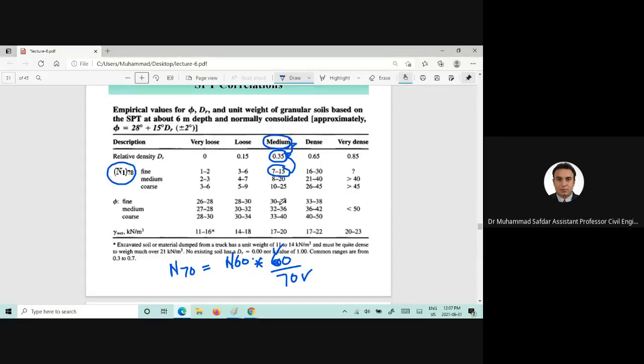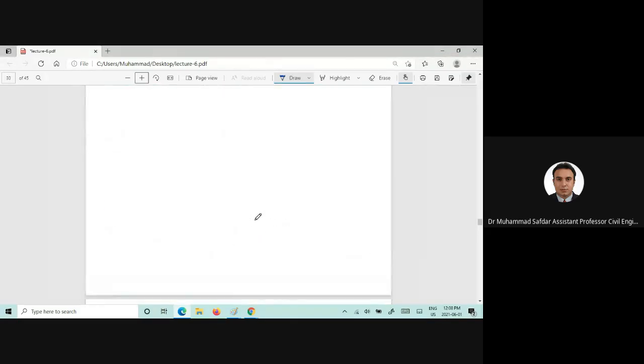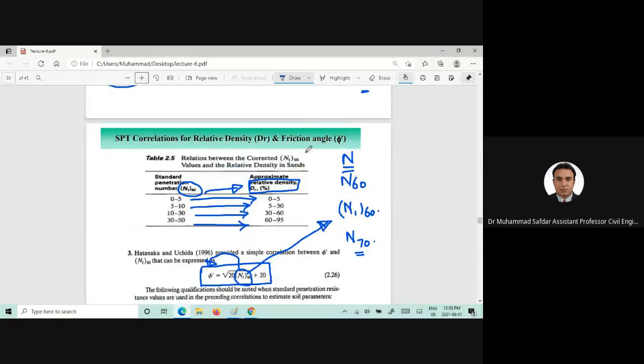The friction angle of this medium dense sand will lie somewhere between 32 and 36, and the unit weight would lie between 17 to 20 kilonewton per cubic meter. So that's how you can use different types of N values depending upon the different types of corrections which you apply.